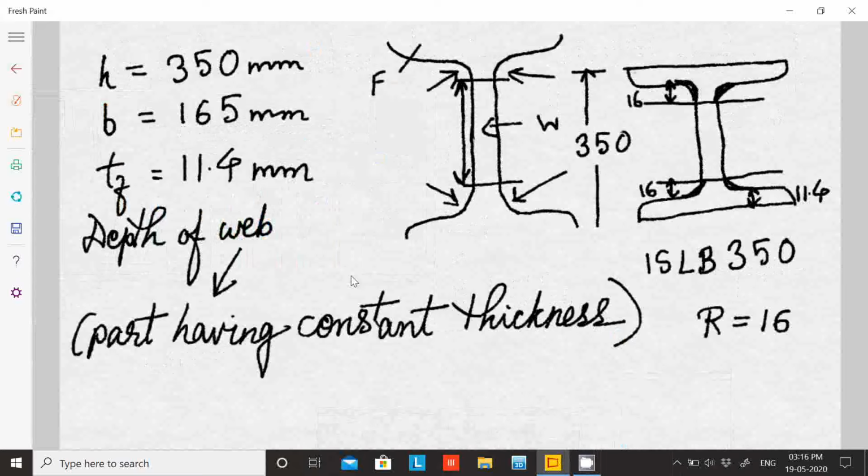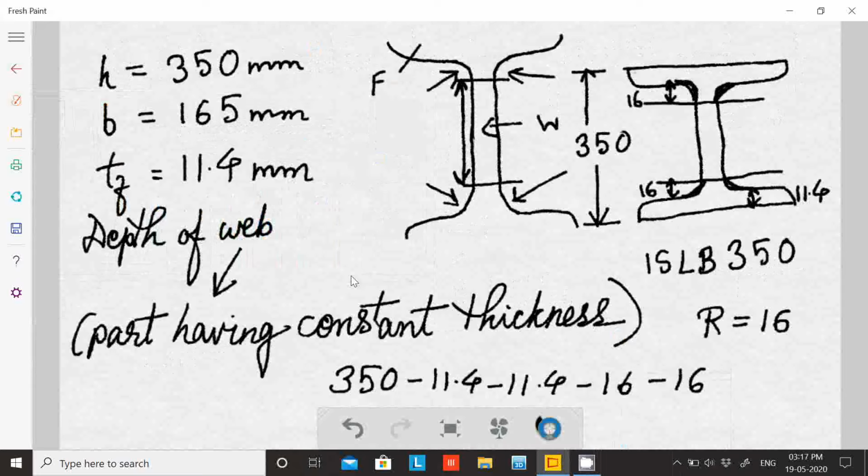From 350 we have to subtract the flange on both sides and also the root on both sides. The final value is 295.2 mm.